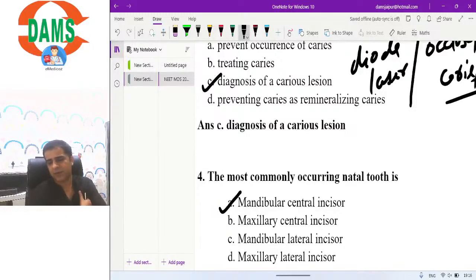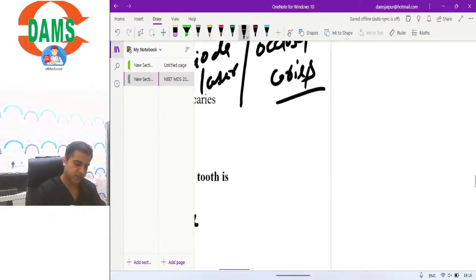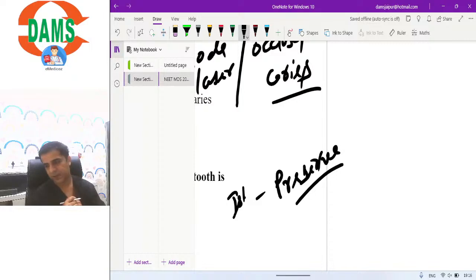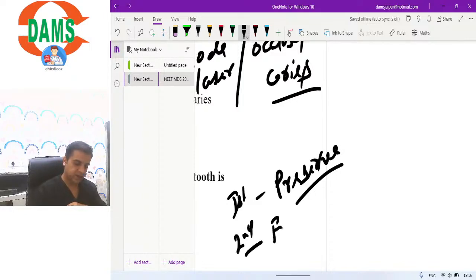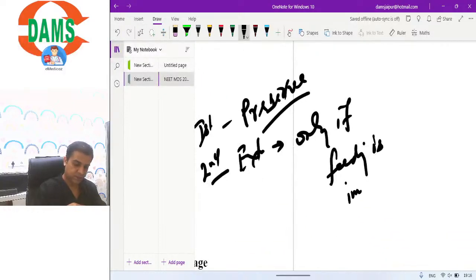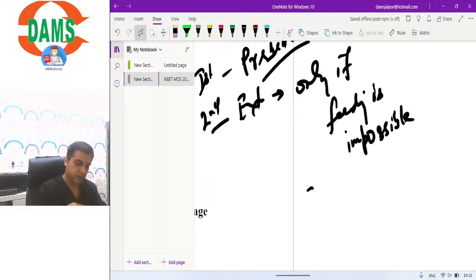It generally comes in pairs, right? The treatment of such cases: the first priority is always to preserve, right? And the second, extraction, is only if feeding is impossible.